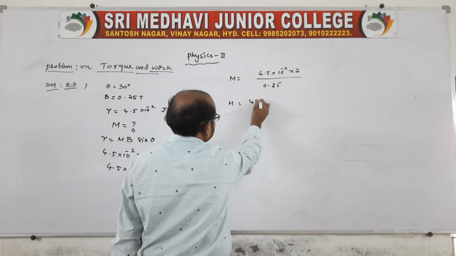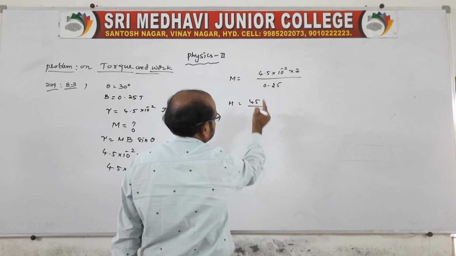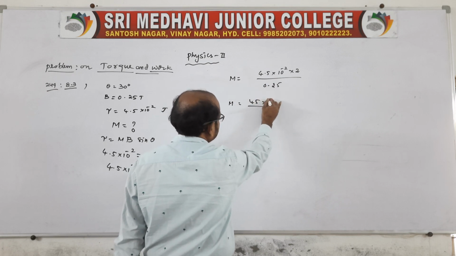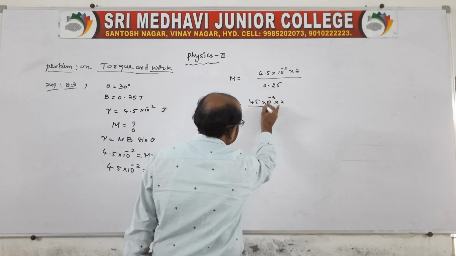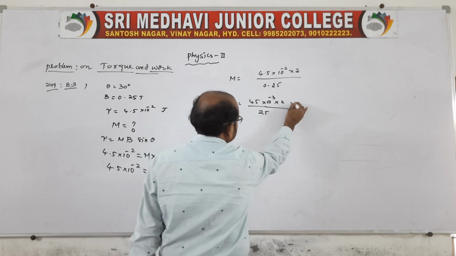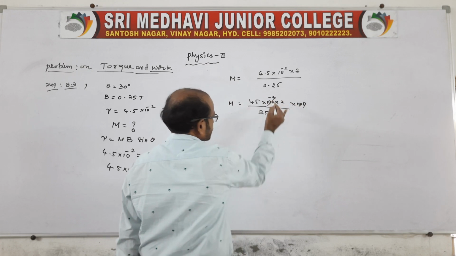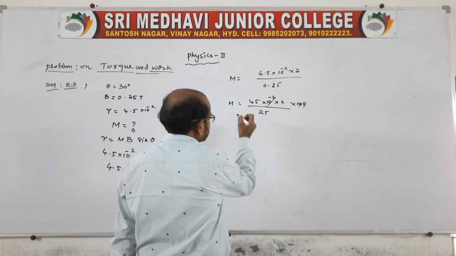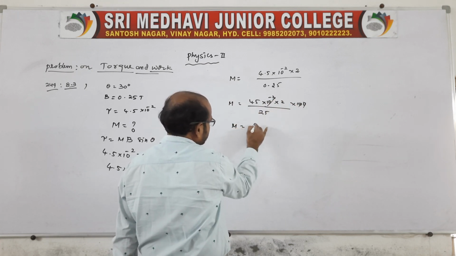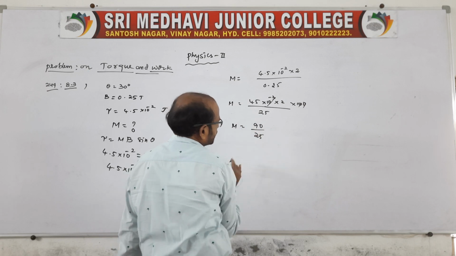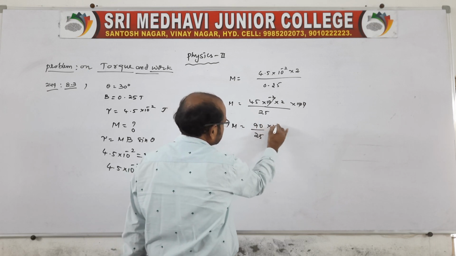Better we do it like this: capital M is equal to 45 into 10 power minus 3, into 2 by 25 into 100. So these two zeros are cancelled, and M is equal to 90 by 25 into 10 power minus 1.